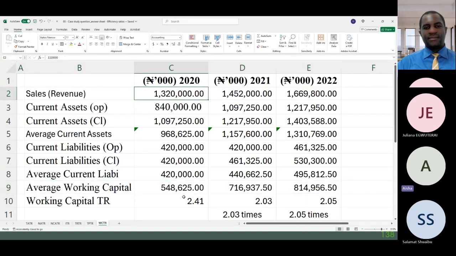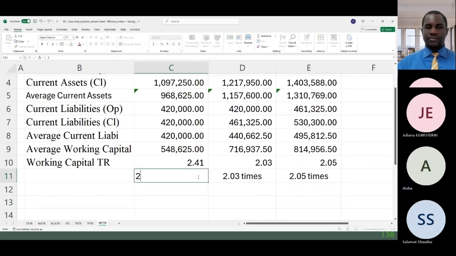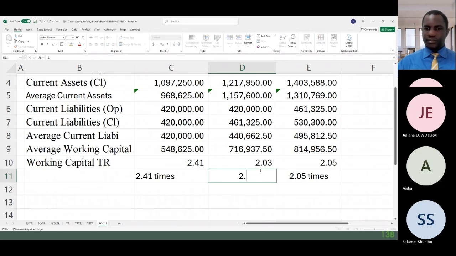So this divided by this, you're going to have how many times sales covers working capital. So try it and see. Okay, I get it. 2.41 times and 2.03 times.